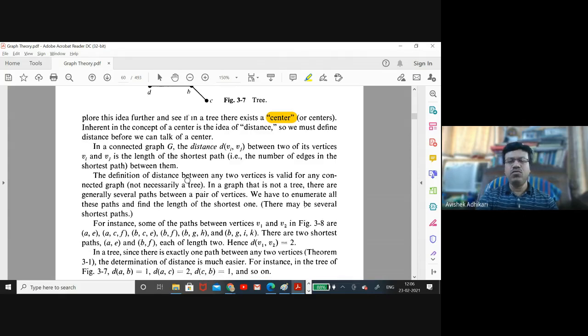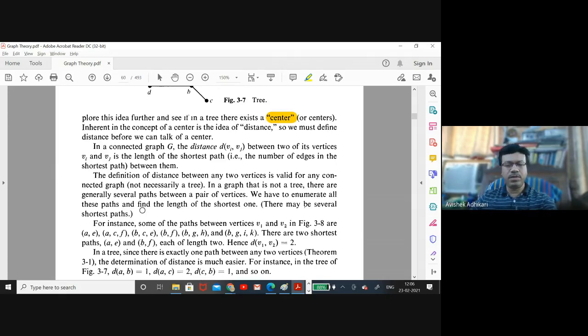In a graph that is not a tree, there are generally several paths between a pair of vertices. We have to enumerate all these paths and find the length of the shortest one. There may be several shortest paths.